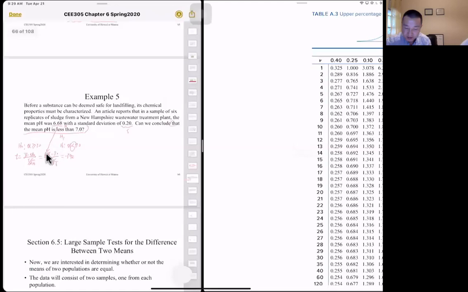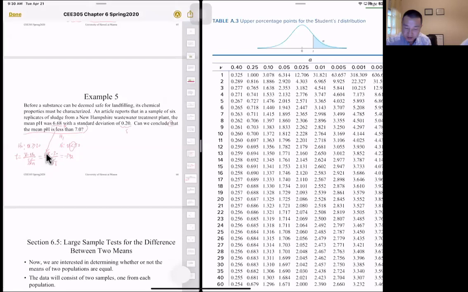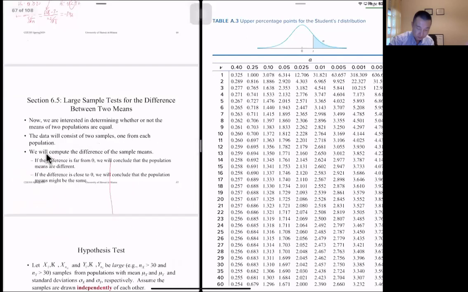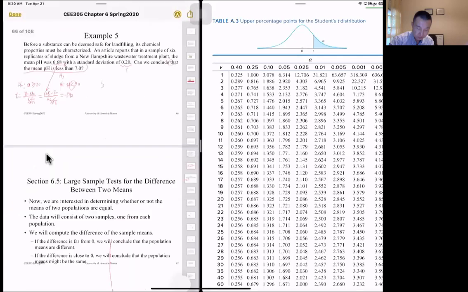But before we do that, remember that for the t table we have degrees of freedom. The degrees of freedom depend on the sample size. Let me go over here again: the sample size is 6, so n minus 1 is equal to 5.